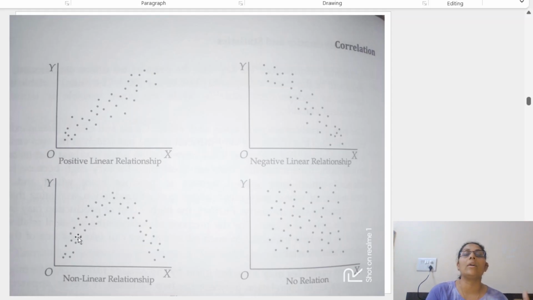In the third diagram, it goes upward and then again downward, so a non-linear relation is there. In such a diagram we cannot use r, that is Karl Pearson, or Spearman rank correlation method. And in the fourth, you don't find any kind of pattern. That indicates there is no linear relation between the two variables.